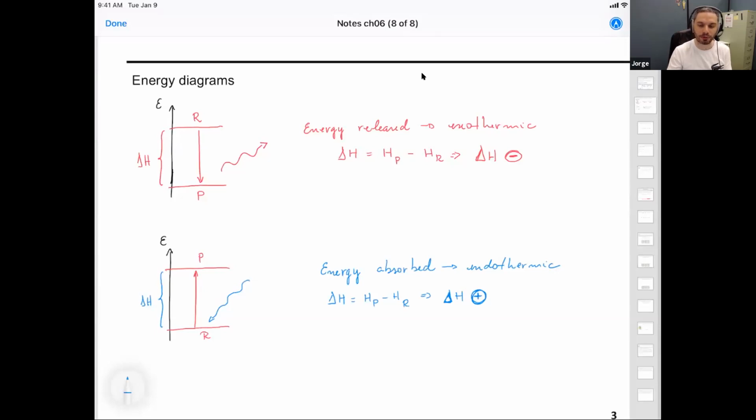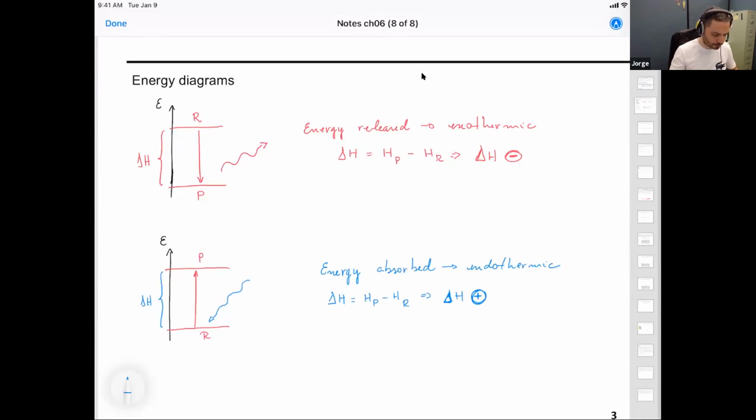When energy is released to the outside system, we call it exothermic. Delta H is always going to be negative, and in the opposite case, the reaction is determined as endothermic with delta H positive, because energy is flowing from outside to the chemical reaction, to the system.